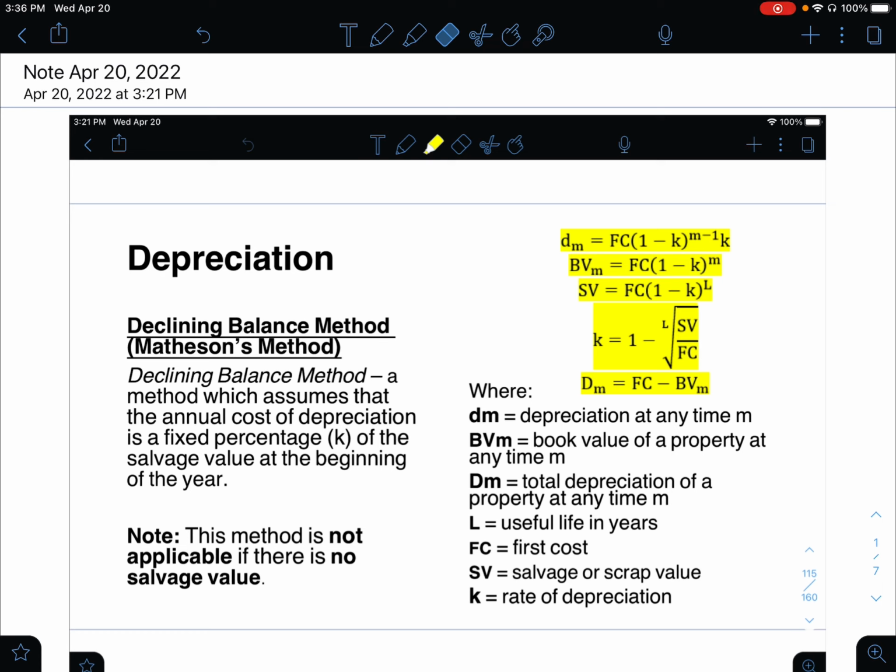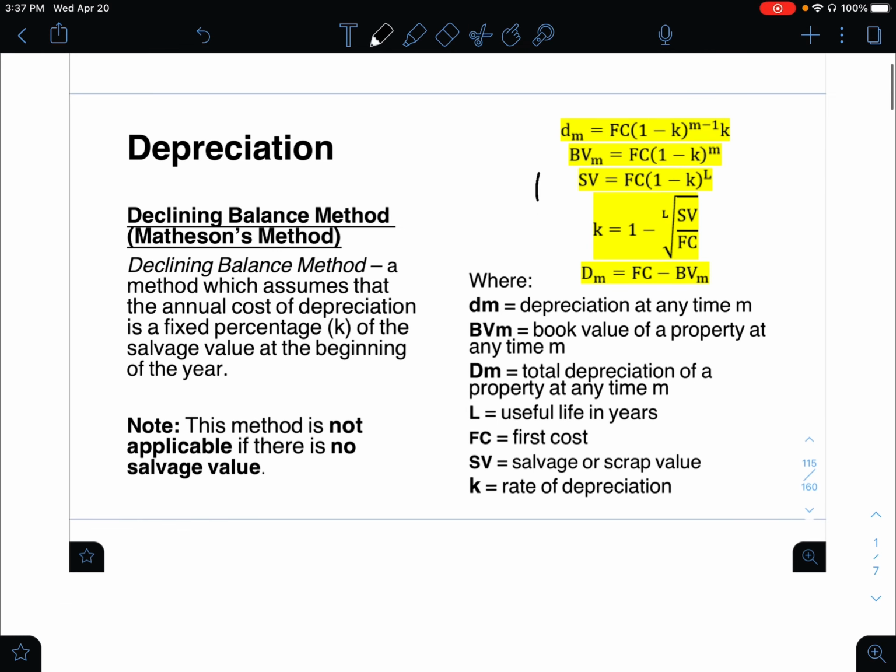So, we have DM is equal to FC times 1 minus K raised to the power of M minus 1 times K. BVM is equal to FC, or the first cost, times 1 minus K to the power of M, and SV is equal to FC times 1 minus K to the power of L. So again note, in declining balance method, dili siya applicable pag walay salvage value.